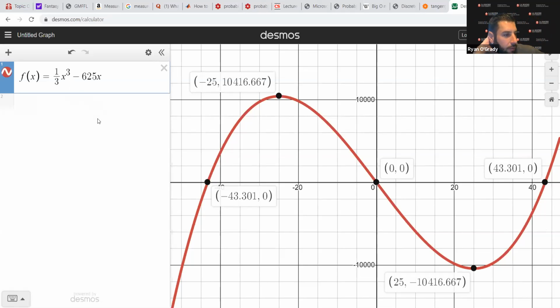But there are many, many functions out there that the software just can't graph, at least not yet. And we need to be able to do some analysis in order to make things work. But anyhow, hopefully you will be able to do this. And again, on the next homework, you're going to be asked to do this for a few functions.